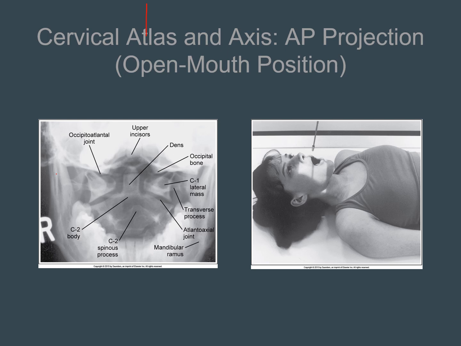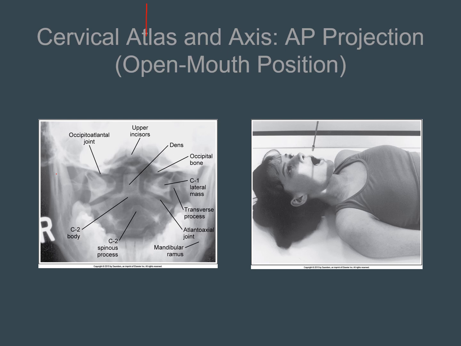The mandibular rami are visualized at equal distances from the lateral masses. The upper incisors and occipital base should be seen superior to the dens and the atlantoaxial joint. Your atlantoaxial joint space should be demonstrated as open.